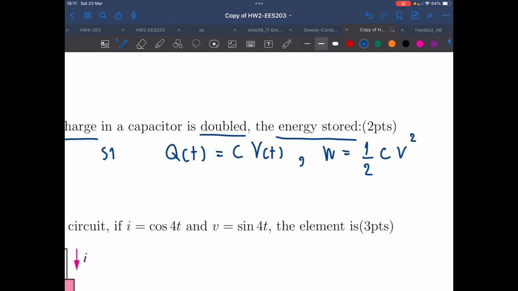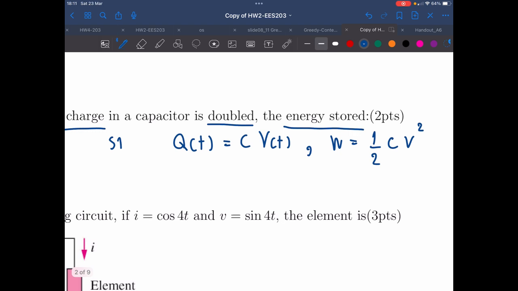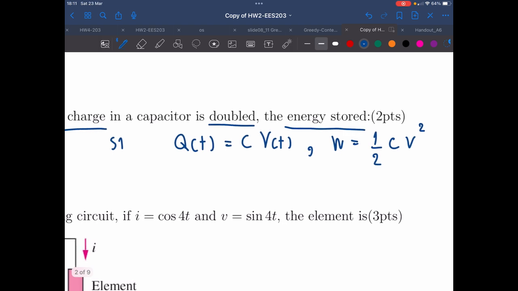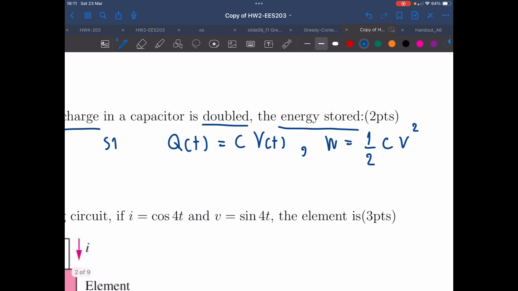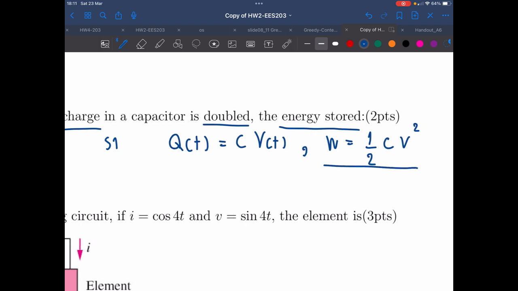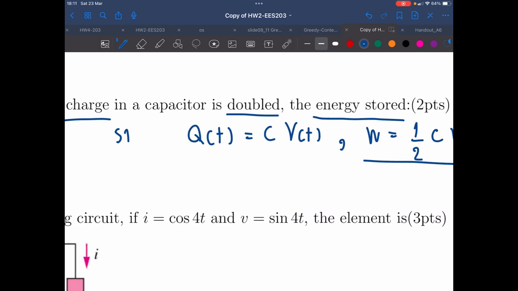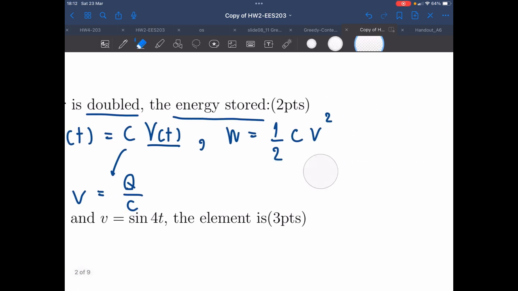We have these two equations. We try to eliminate the variable V so that we could represent the work equation in the form of only two variables, Q and C. Now let's proceed with another step. We move the variable V. We get V equals Q divided by C. Now we substitute the variable here.